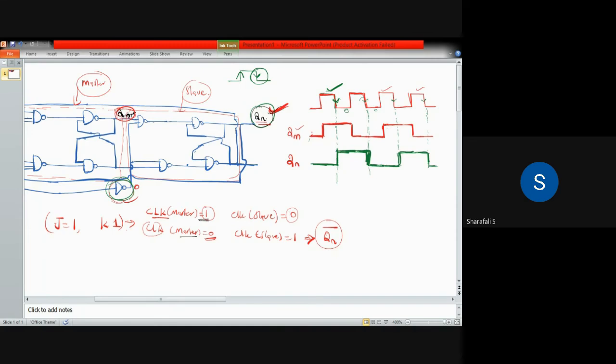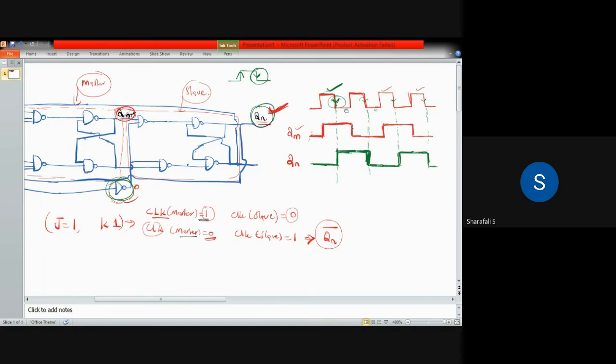So at that point we are having this toggling in the master slave JK flip flop. So we can also say that this master slave JK flip flop is an inverted triggered circuit, or a negative triggered circuit or flip flop, because the toggling happens at the negative edge of your clock pulse.